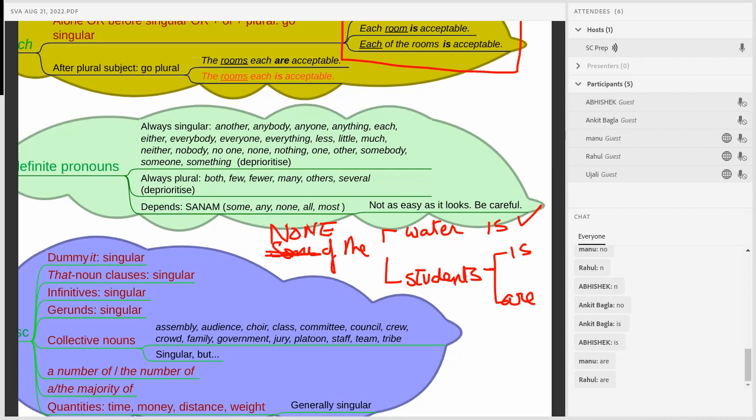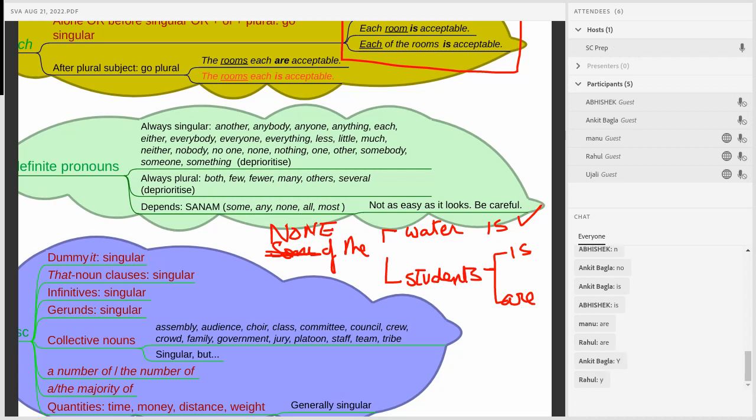So even though while speaking I'm probably going to go plural with "none," my advice to you would be go singular. Again, I don't have any straight answers or good answers for you. But just a quick check, are we comfortable with the level of ambiguity that we have with "none" when it comes to Sanam?